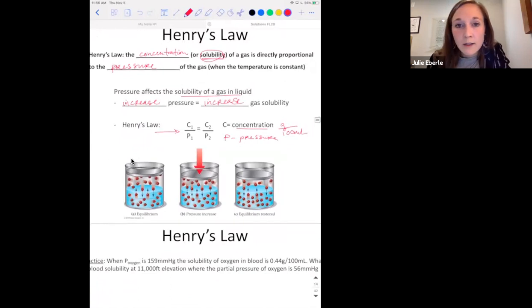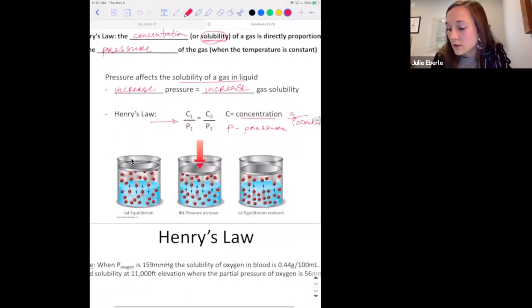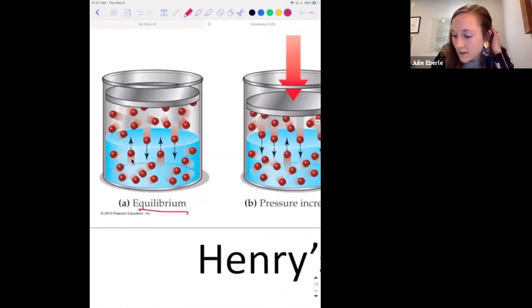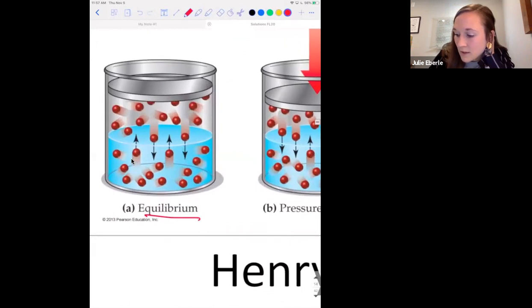So remember, the 1 stands for the concentration and the pressure at your initial conditions, and the 2 is at your final conditions. So look at this figure. Here we have some sort of equilibrium. What are these arrows representing? You have these red spheres. These are our gas particles. And what do you notice?